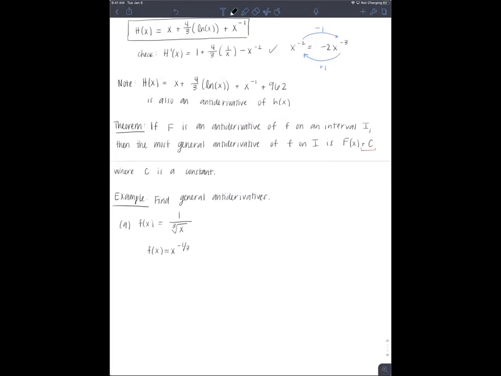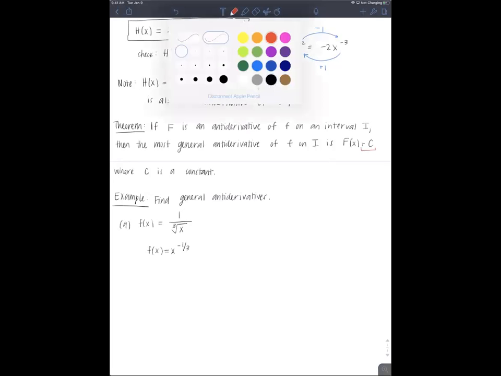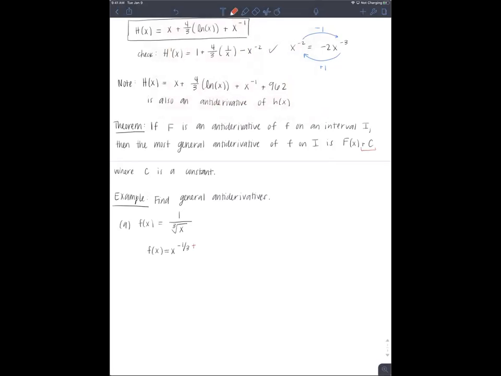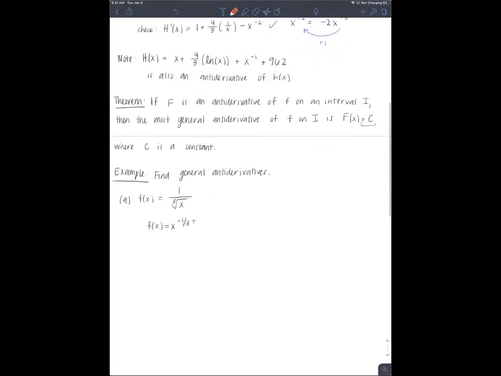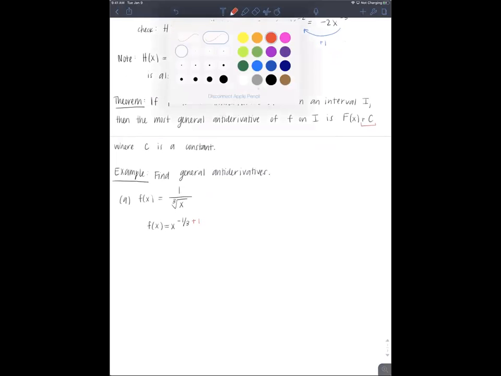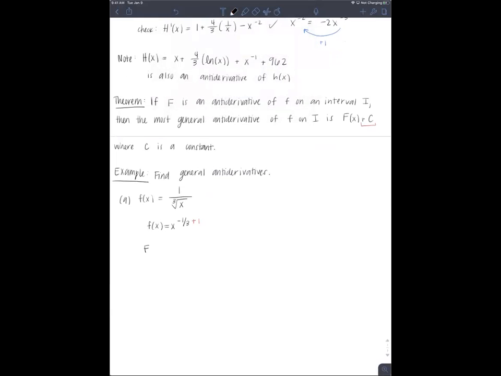But now I need to think about what I had to begin with to get this as my derivative. So what am I going to do to my power? I'm going to add what? Yeah, you're going to add 1, right? And so here, you're going to get that capital F of x is equal to x to the 2/3 power. Is it positive or negative?